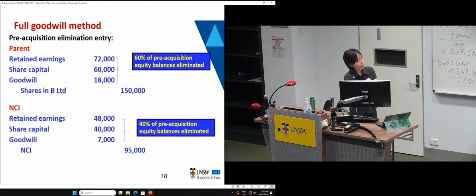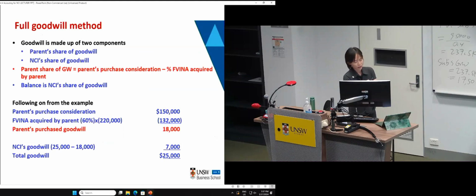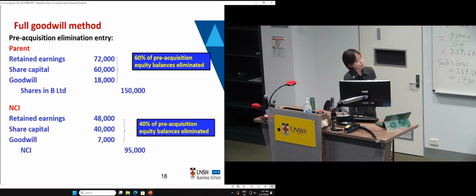Now, let's look at how the existence of NCI is going to affect your worksheet entries. First of all, there is no RSC entry, right? We don't have any RSC entries, and we need to prepare pre-acquisition entries to eliminate the parent's investment in the subsidiary, and then we set it against the parent's share of the subsidiary's pre-acquisition equity.